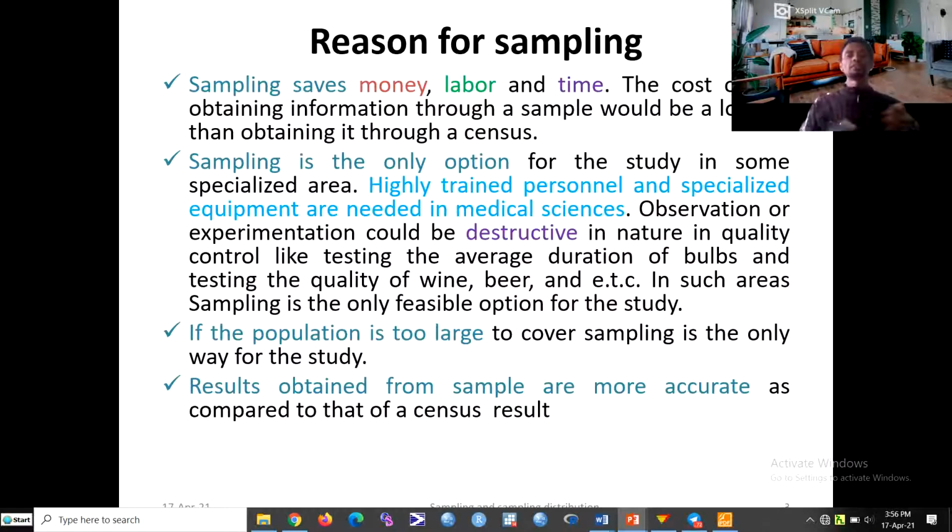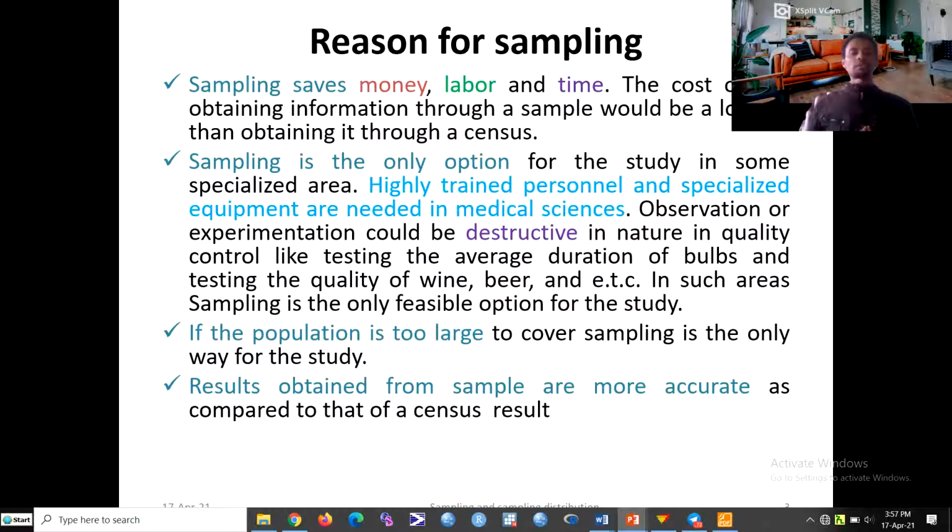So the cost of obtaining information through a sample would be a lot less than obtaining it through investigating the entire population, as in a census. Or maybe sampling may be your only option for study in some specialized areas.